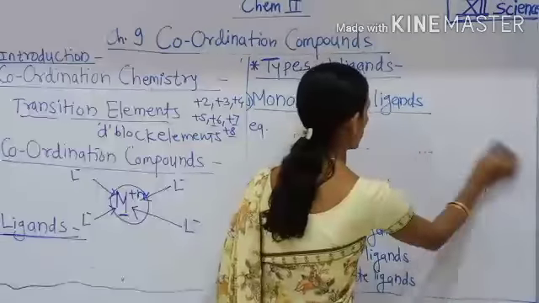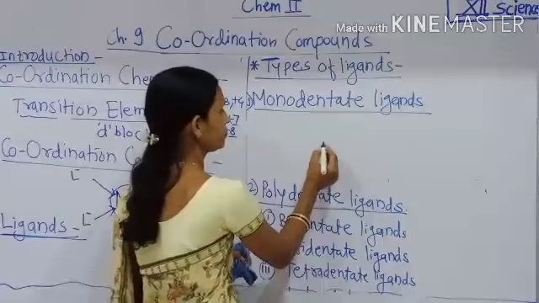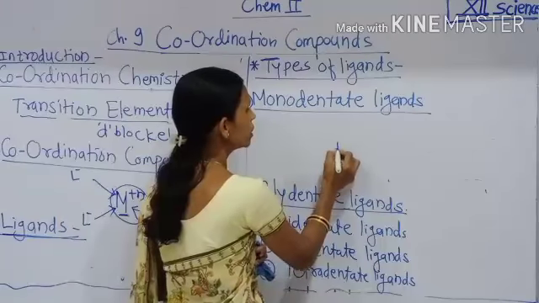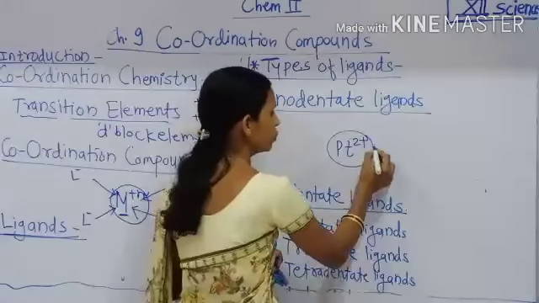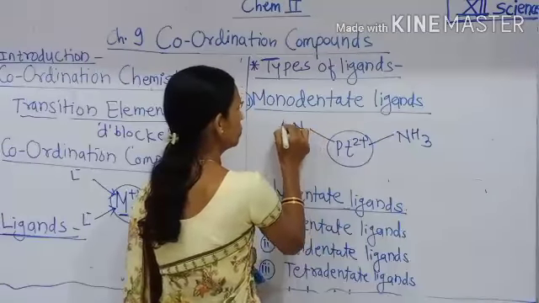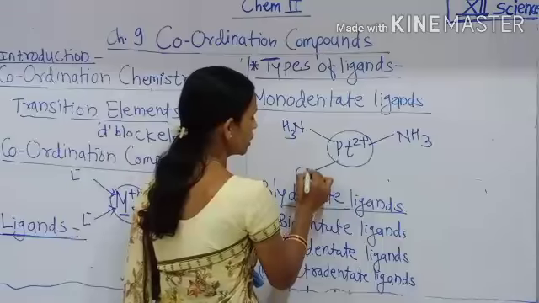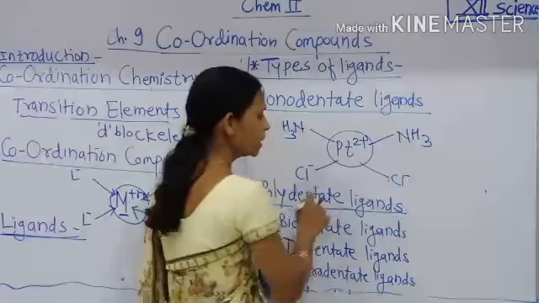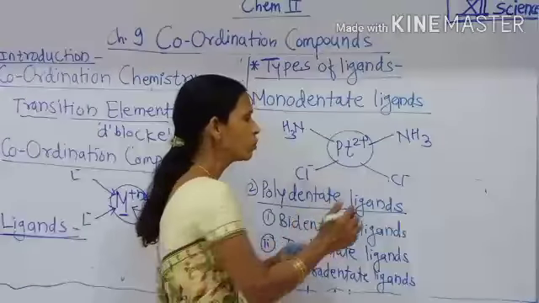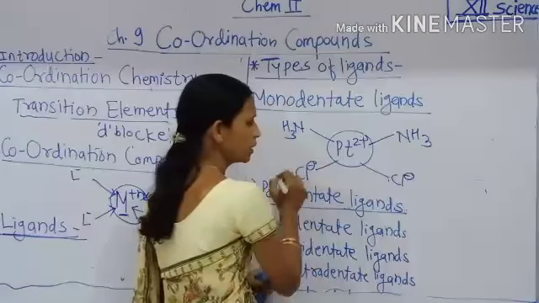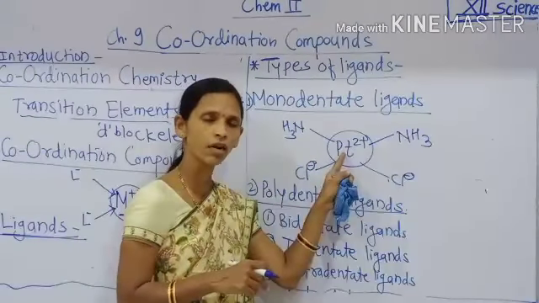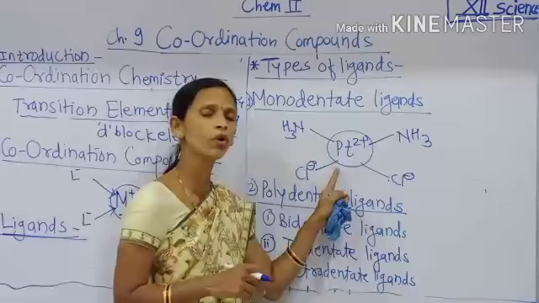For example, in cisplatin there are 4 ligands which surround the platinum 2 plus ion: 2 NH3 groups and 2 Cl minus groups. The Cl group, that is chloride or chloro group, is negatively charged and is attached to the central platinum ion by a coordination bond.